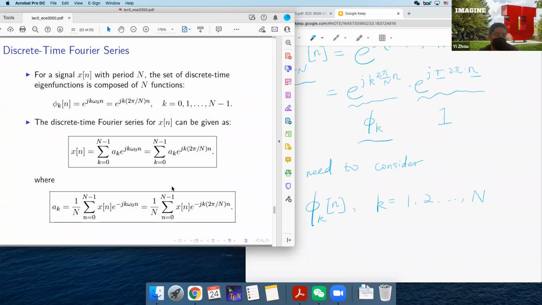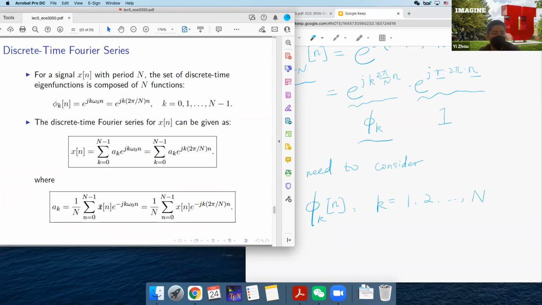The structure is exactly the same as the formula for a_k in the continuous time case, except that there we have integration, but here we only have summation because we have a finite number of these bases. So we do summation instead of integration. And the way you calculate this a_k is, again, following the standard steps.